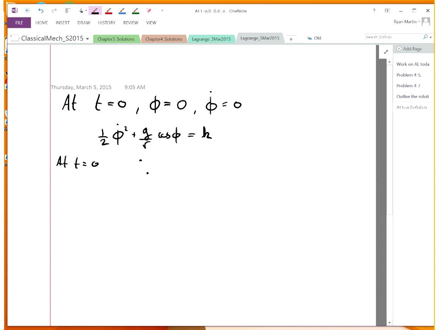And then we have G over R times cosine of 0, which is 1, and that's equal to K. So K is equal to G over R. So ultimately you're going to have a half phi dot squared plus G over R cos phi equals G over R. And the number that you're going to need is phi dot squared. And so phi dot squared is 2 times G over R times 1 minus cos phi.